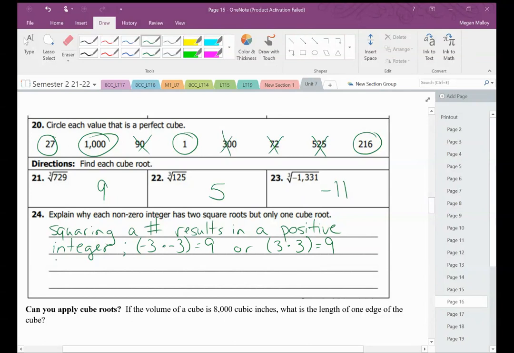However, when cubing a number, it's going to result in an answer with the same sign that you started with.